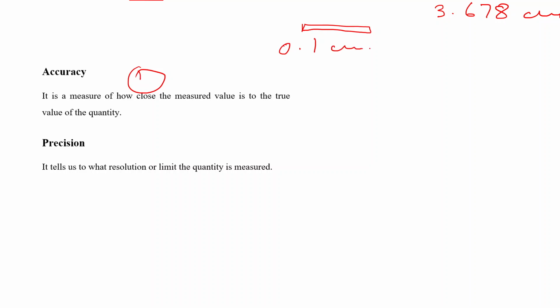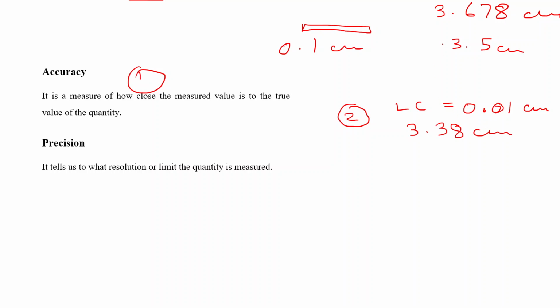So this is the minimum value it can go to. Using this instrument, I find the measured value to be 3.5 centimeter, whereas I repeat the same experiment using another instrument whose least count is 0.01 centimeter, and using this I find the measured value to be 3.38 centimeter.